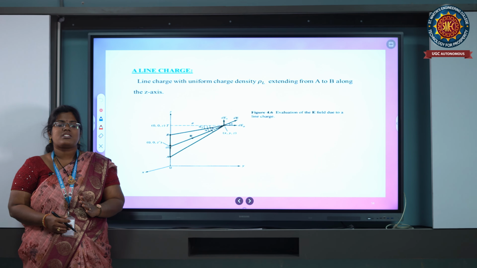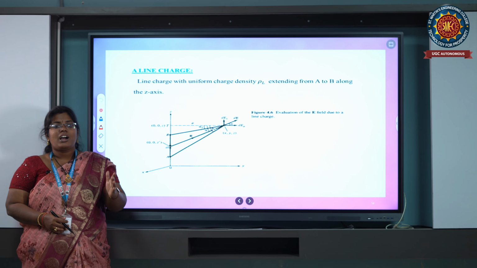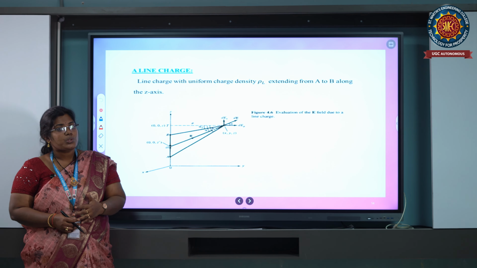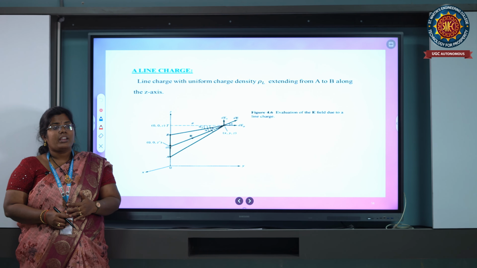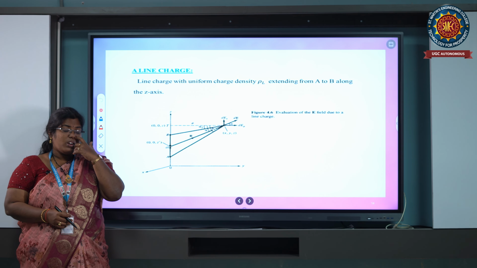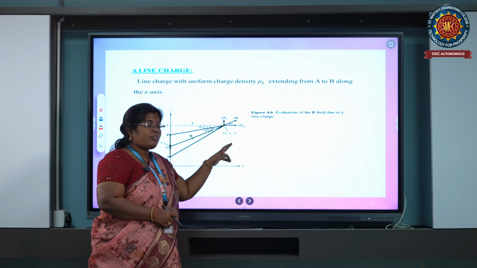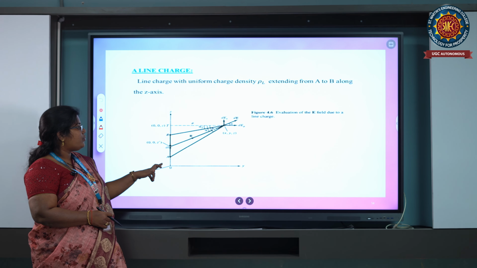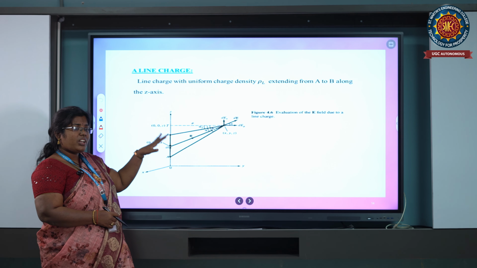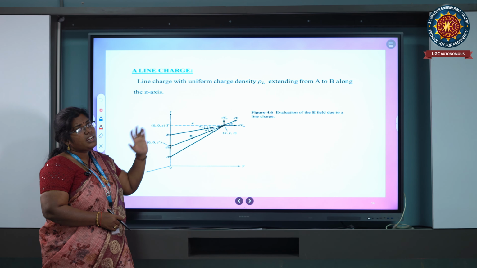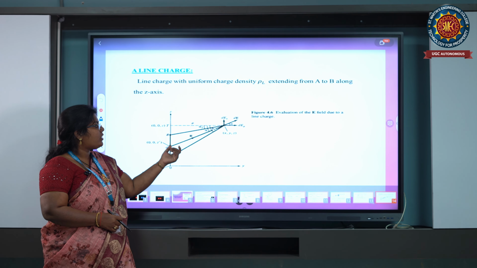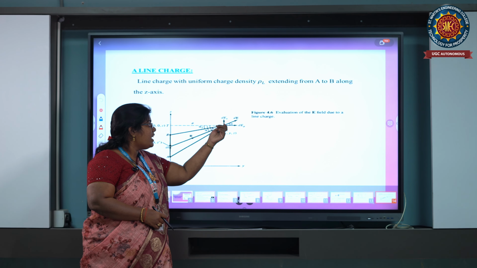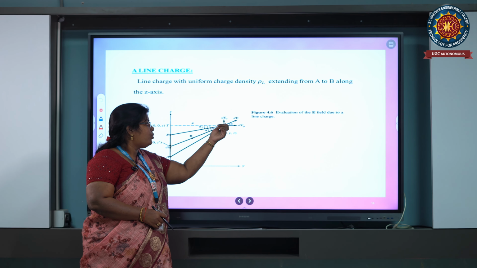The Cartesian coordinate system is called x, y, z; the cylindrical coordinate system is called rho, phi, z; and the spherical coordinate system is called r, theta, phi. Generally, for one line charge, we can directly use the Cartesian system, x, y, z, where z is the axis along which the field varies at a particular point.